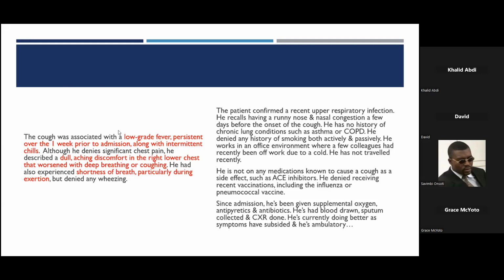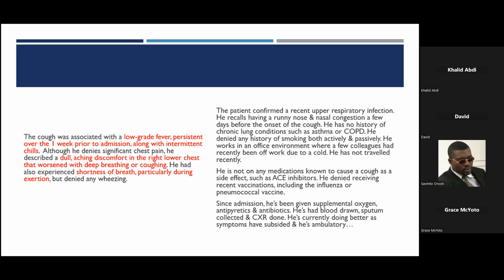So here we can see it's associated with a low-grade fever, and we also have the timeline, 1 week prior to admission. We also have intermittent chills. There's also chest pain here, though he denies that it's significant.